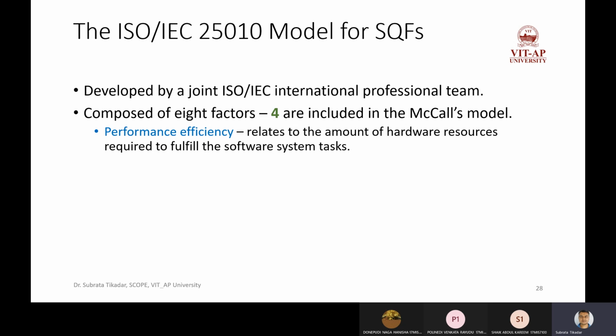It relates to the amount of hardware resources required to fulfill the software system task. Now, same question. Which of the factors of McCall's model is or are similar or exactly the same as this one?